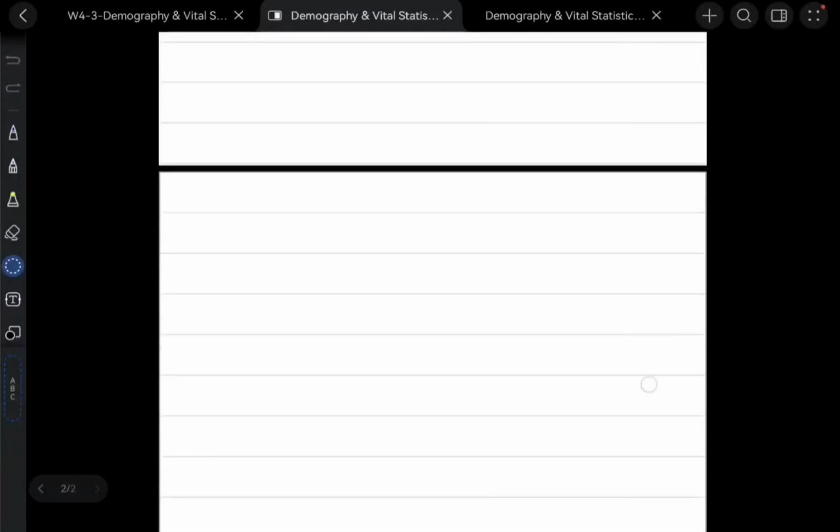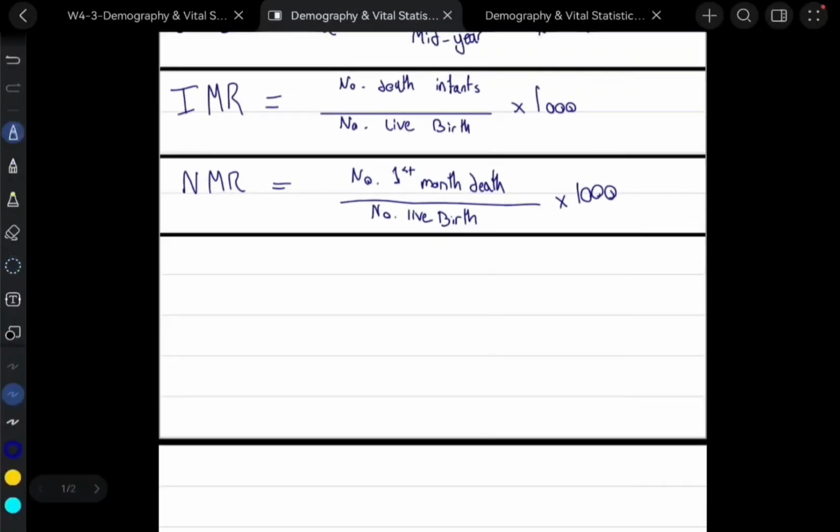Let's just add in the next page just in case you need it.